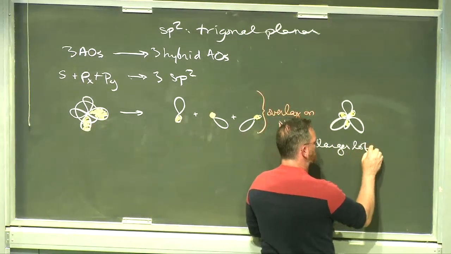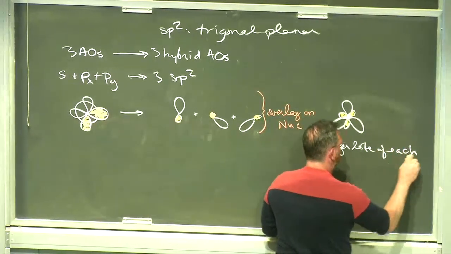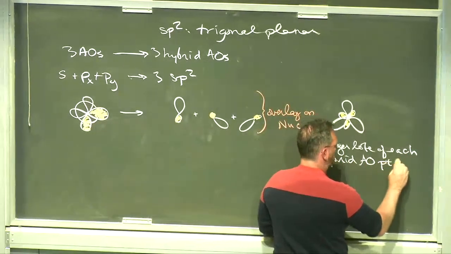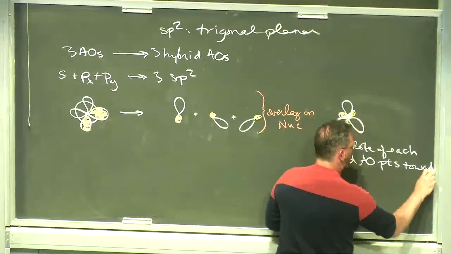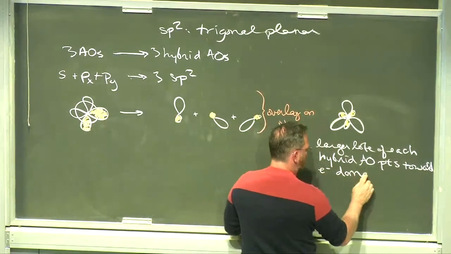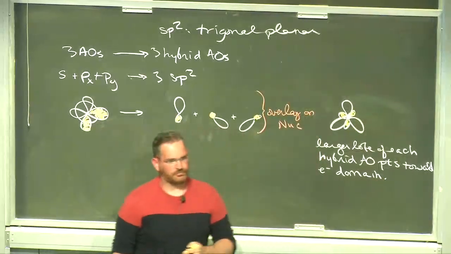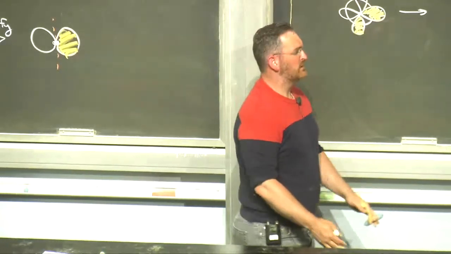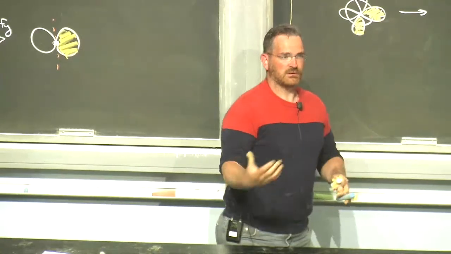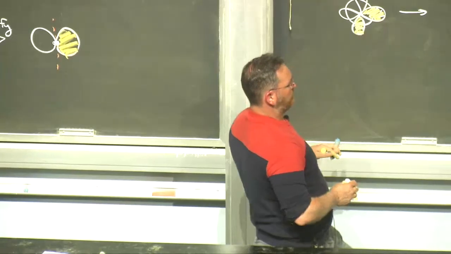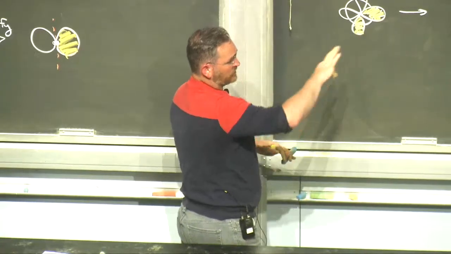The larger lobe of each hybrid orbital points toward an electron domain. And that is from VSEPR theory. You already know where the shape is. Now I'm just trying to give you a reason to understand why we do it that way. All right. So that's what that shape looks like.